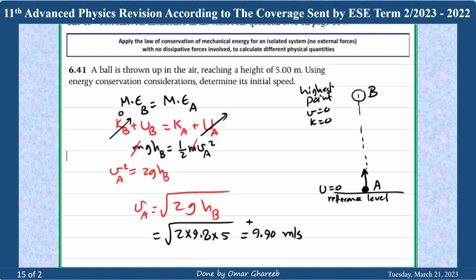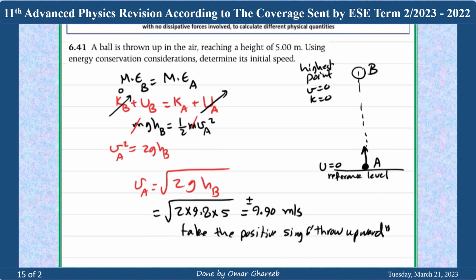Is it plus or negative? Take the positive one because it is upward. Take the positive sign, because we throw upward. And that's it.